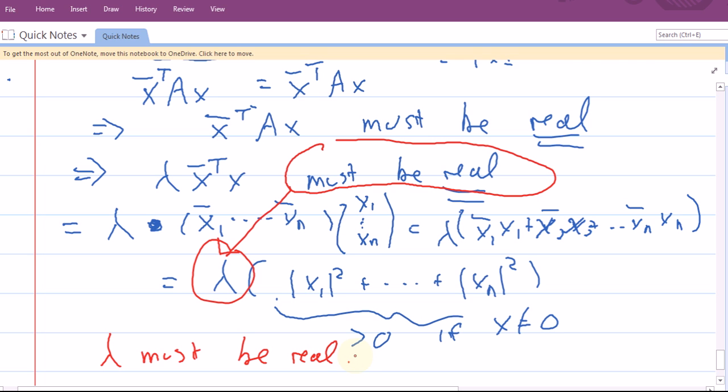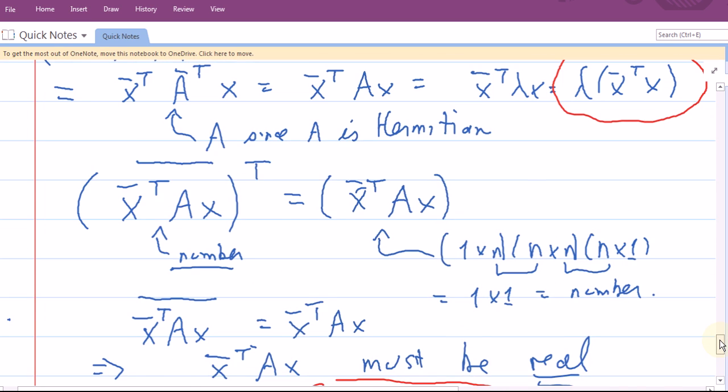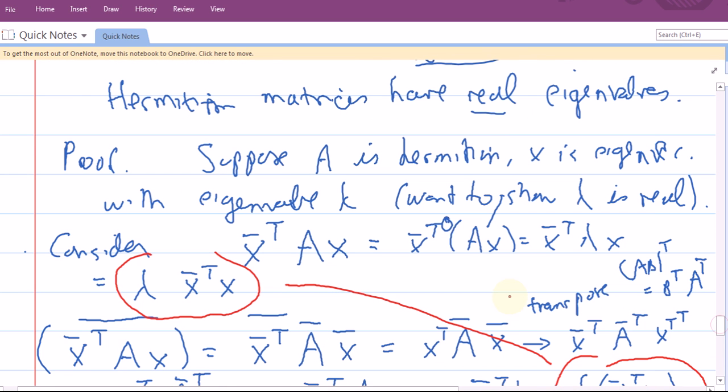So just a recap on this proof, we took this quantity x conjugate transpose Ax, and we expressed it in terms of lambda. Then we took the conjugate transpose of this quantity and showed it was equal to the same thing.